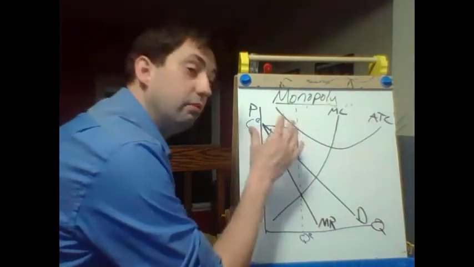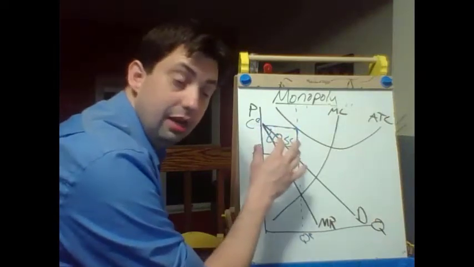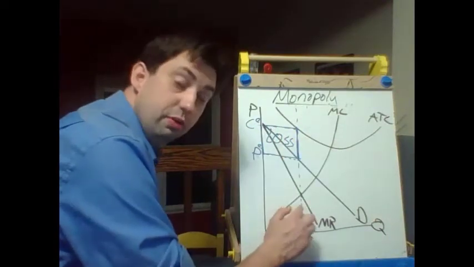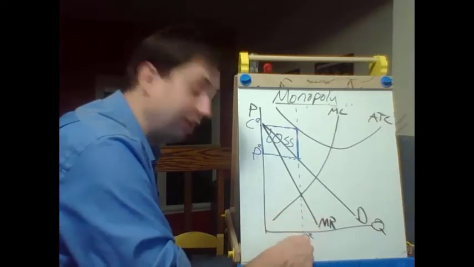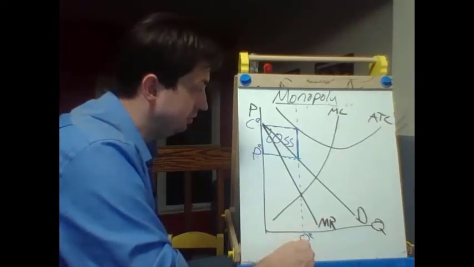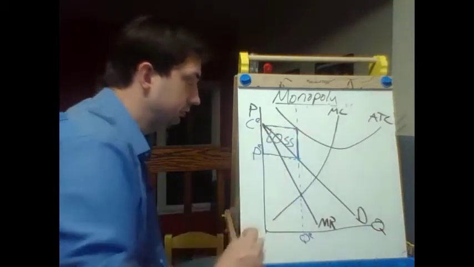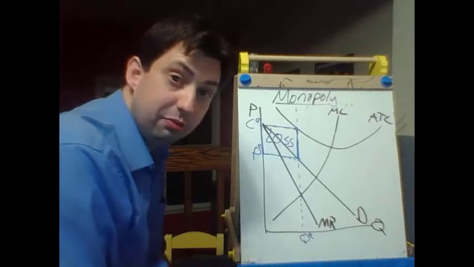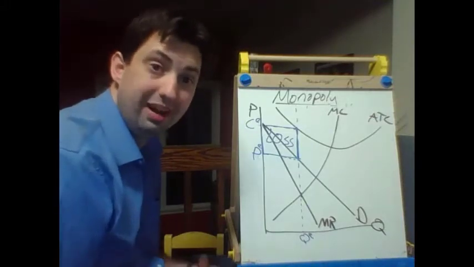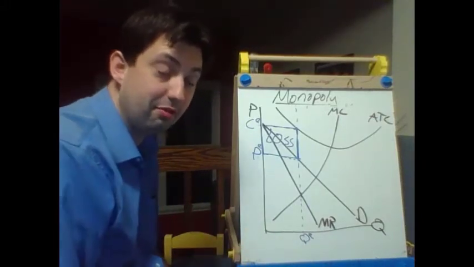Note again, this is the most that they can possibly make. By definition, marginal revenue equals marginal cost is the profit maximizing quantity. That's why they produce there. But just because you are making the most you possibly can does not mean you are making positive economic profit.